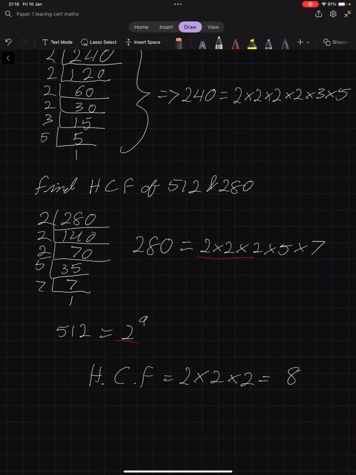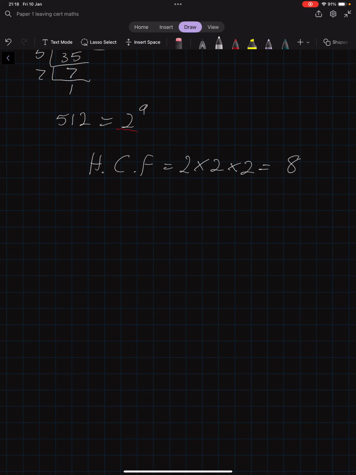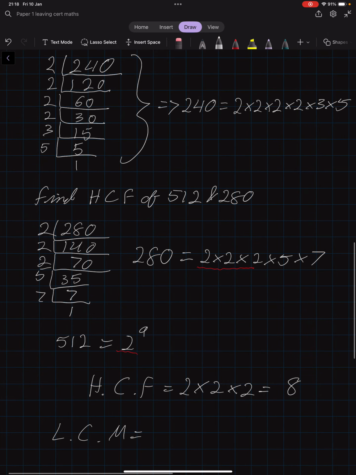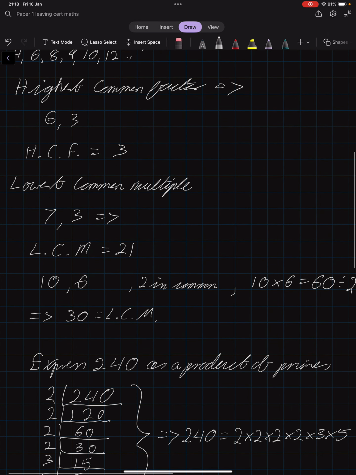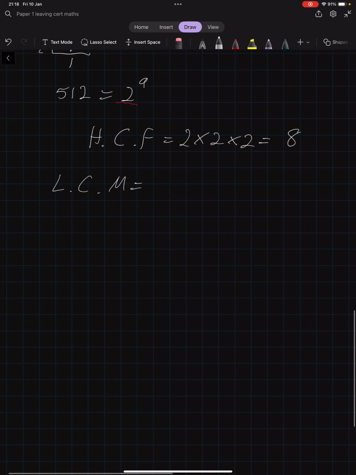Now, for the next thing, to get the lowest common multiple. So before, back up here, what I did was I looked to see what was common. I multiplied them both together and I divided by what was common. This is what we're going to do here.